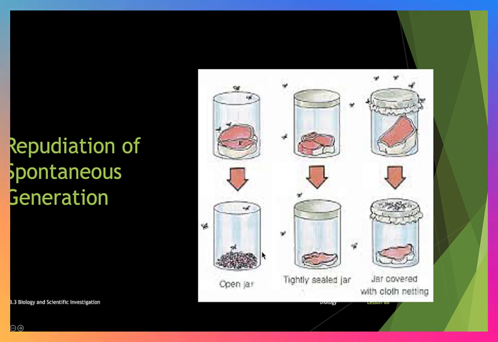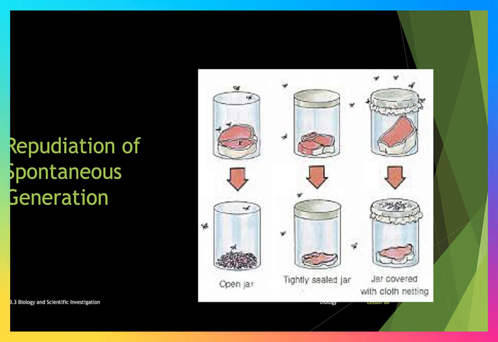So he proved that the meat was not the source of the maggots, but the flies were. He also proved that even if the air and all the other materials necessary to support life were available, the meat could not produce life.